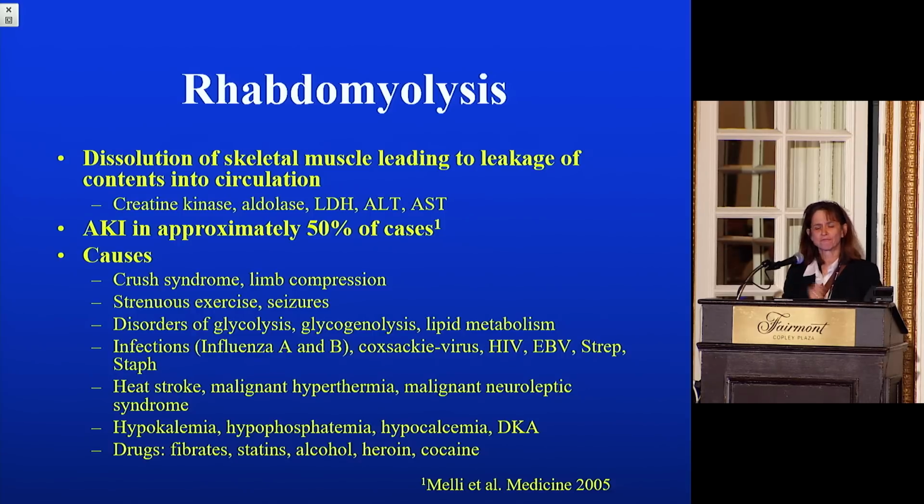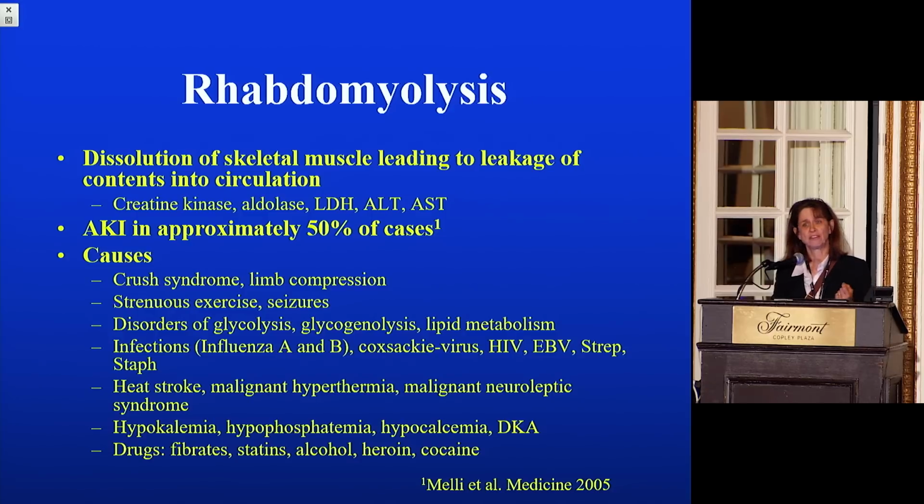50% here, that's really an upper limit. It's up to 50%, and it's reported with some variability. If you take all reported case series, it ranges between 13 and 50%. And it's going to depend, obviously, on the patient population of the case series. AKI is much more common if your population is made up of trauma patients.